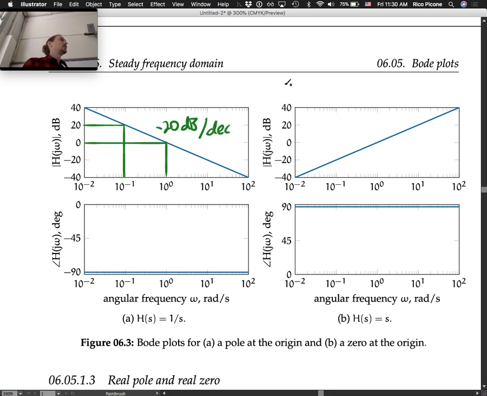So negative 20 dB per decade is the slope. And that's the same with this one here. It goes from 10 to the 0, for instance, to 10 to the 1, and it goes up 20 dB. So it has positive 20 dB per decade as its slope.